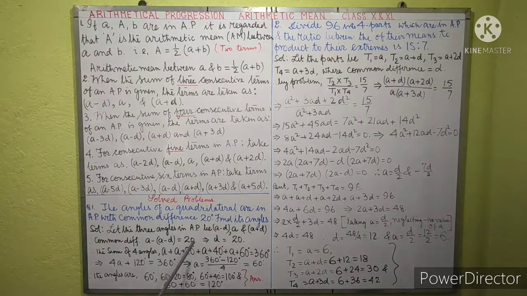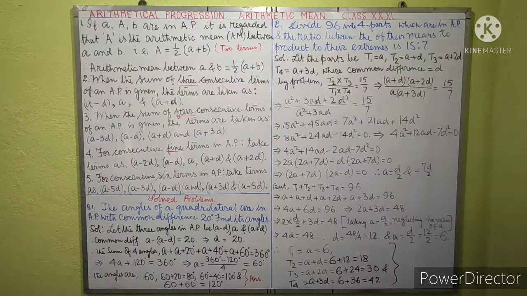Let the angles in AP be a, a plus d, a plus 2d and a plus 3d, with common difference d equal to 20, which is given. The sum of the 4 angles, a plus (a plus d) plus (a plus 2d, that is 40) plus (a plus 3d, that is 60), equals 360 degrees, because the sum of the 4 angles of any quadrilateral is 360 degrees. Here we get a equal to 60 degrees.